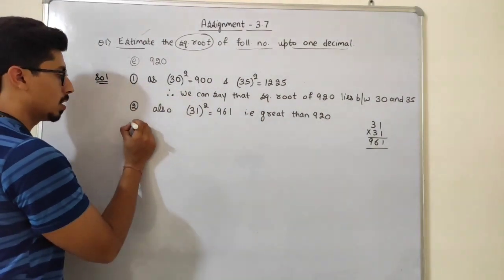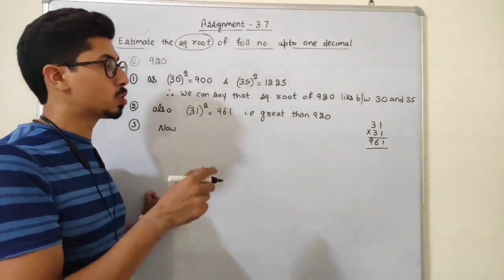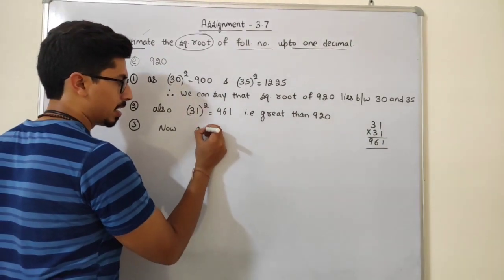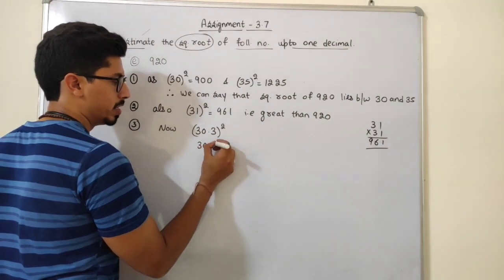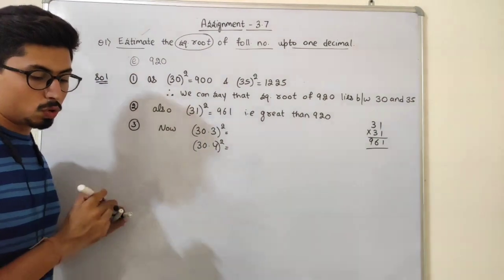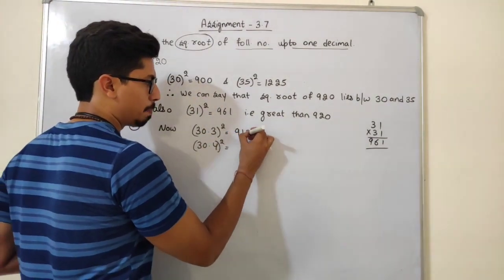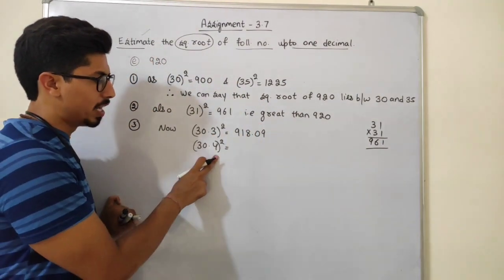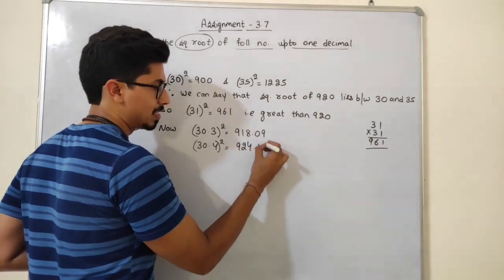So now we will take the decimal portions of 30. If I take this 30.3 square and 30.4 square, students, 30.3 square will be 918.09, and 30.4 square will be 924.16.